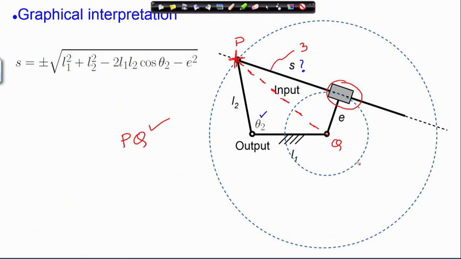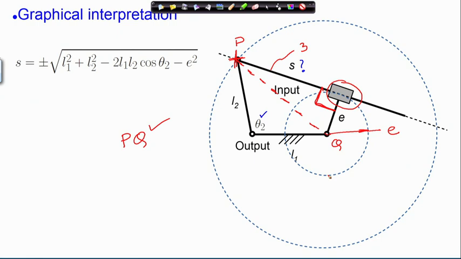This circle has a radius E. Therefore, this coupling link must be tangent to this circle, because this angle is 90 degree. E is the radial line and this angle being 90 degree, this must be tangent to this circle of radius E.